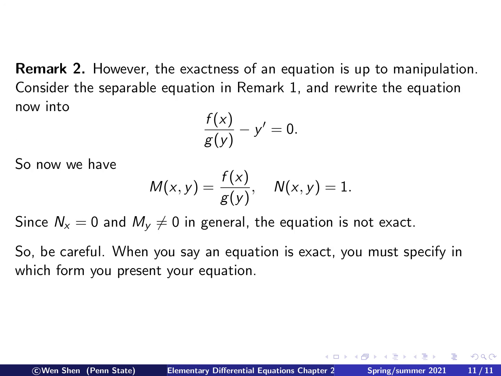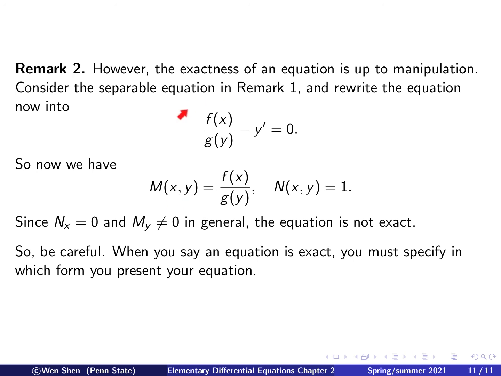However, the exactness of an equation is up to manipulation. That's what I commented here. So consider the same separable equation in the previous remark. If we now rewrite it in a different way, that is, we simply move this to the other side of the equation, we'll have this minus y prime equals 0. Okay, and let's check if this can be exact.